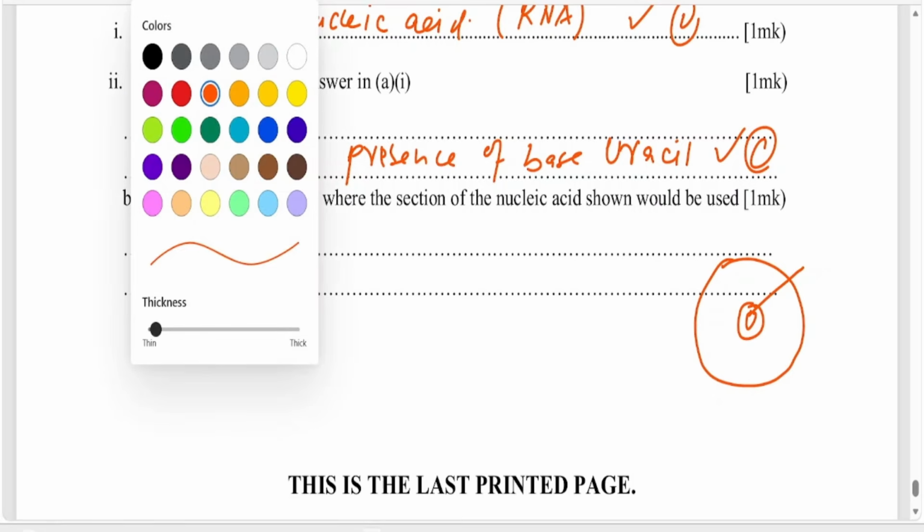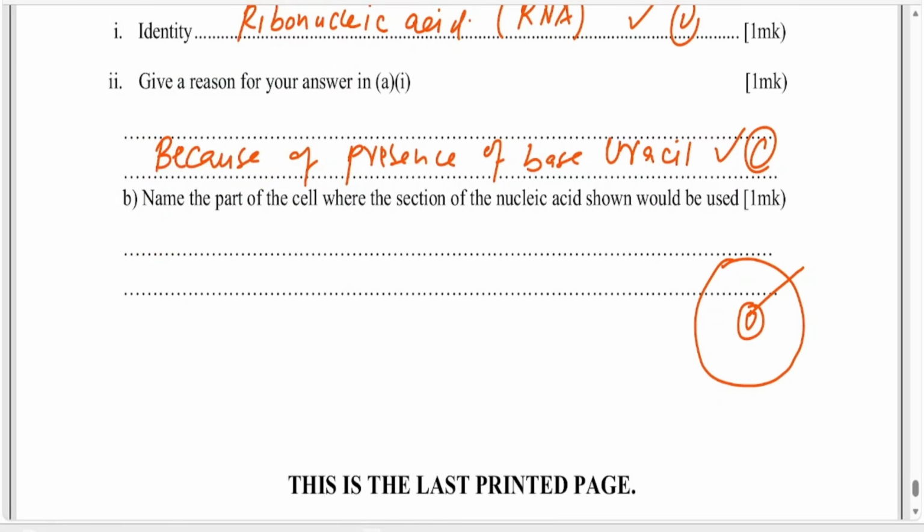Once they are formed in the nucleus or nucleolus, they are used in the cytoplasm. That is where they are used because they transport. We have the formation of proteins. So the correct answer is cytoplasm.